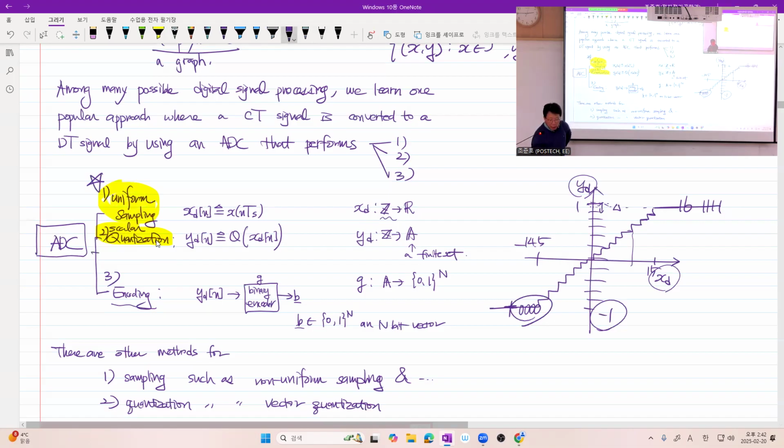I'm not saying that these are not fundamental. These are very, very important. Probably some of you remember a recent article about DeepSeek by a Chinese company. They wanted to reduce the number of bits in the computation inside the AI ML model.